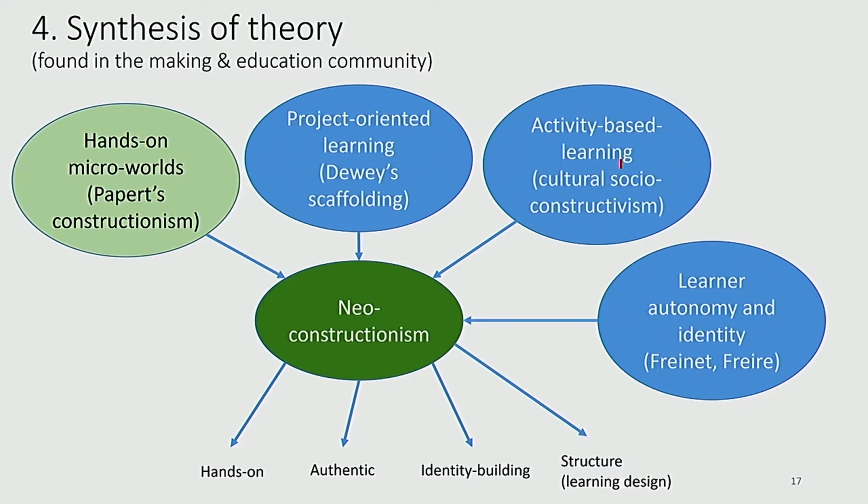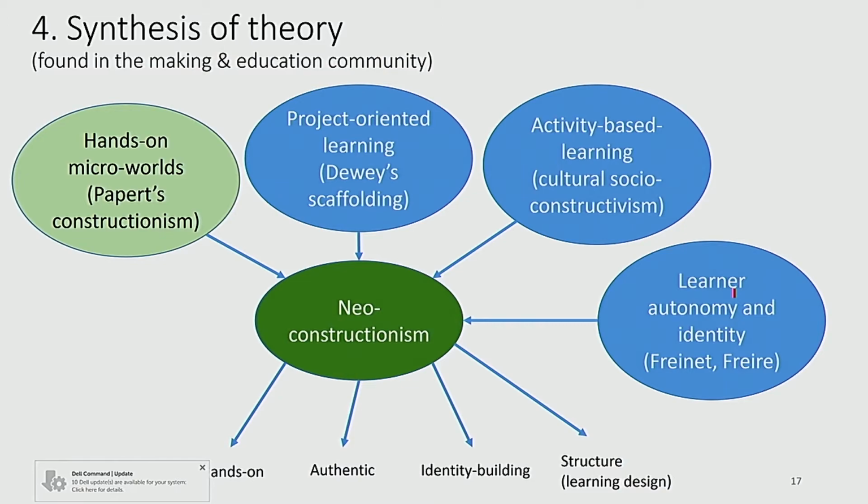So the idea is that students are active and work with objects that have some cultural meaning. And then also comes the idea of learner autonomy and identity. This is very important in making. If you give a project to make to a student, the student normally has to come up with an idea, do something that is meaningful, even if it's something as simple as, let's say, embroidery.